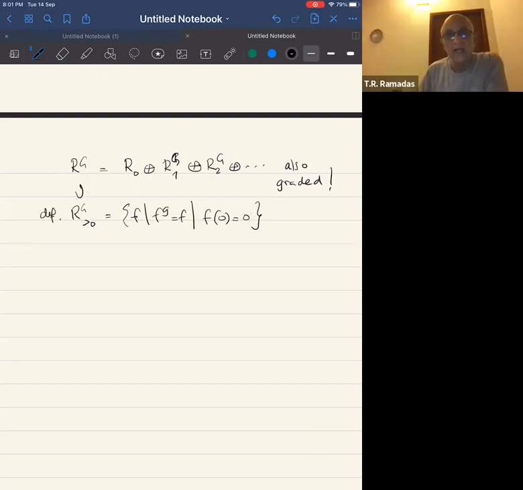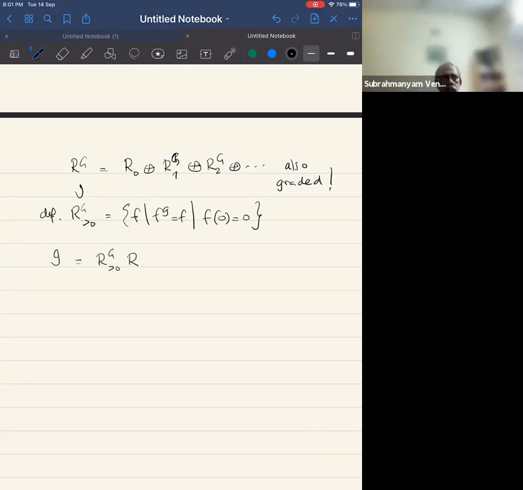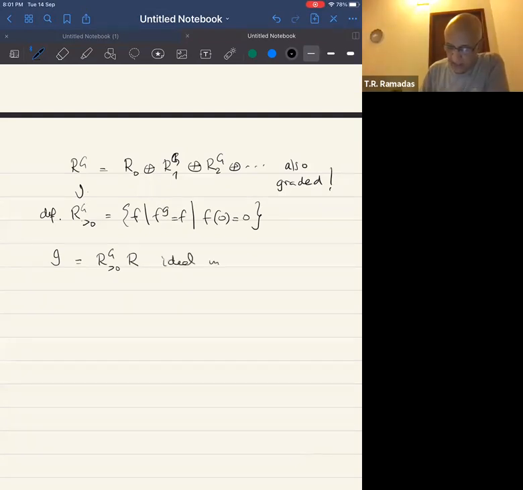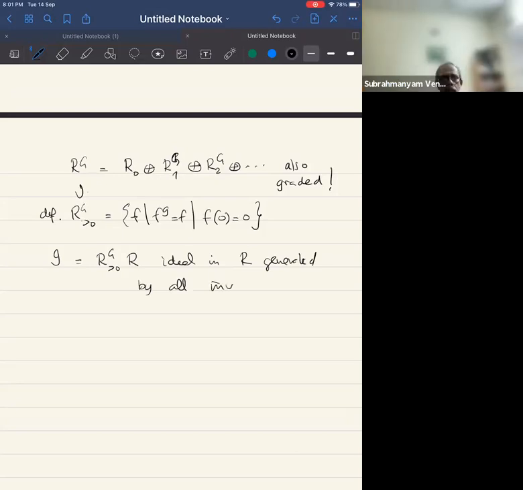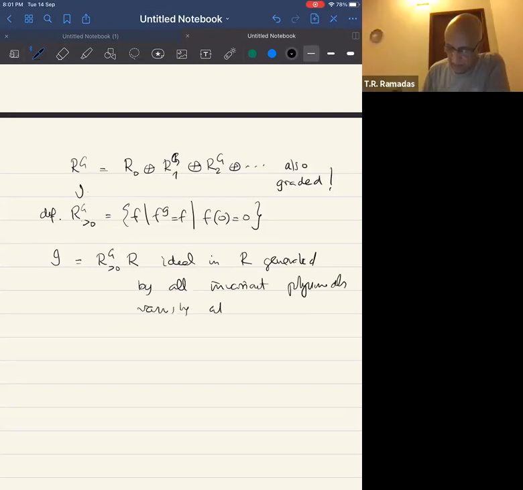This is the ideal in R^G, but note that it's not an ideal in R. So let I be the ideal in R generated by this. Okay, this is the ideal in R generated by all invariant polynomials vanishing at 0, in other words, of strictly positive degree with zero constant term.